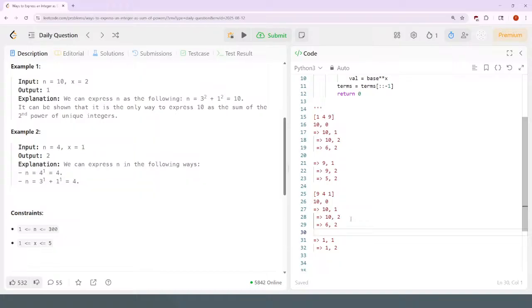I think what I'm doing here is, what am I doing actually?